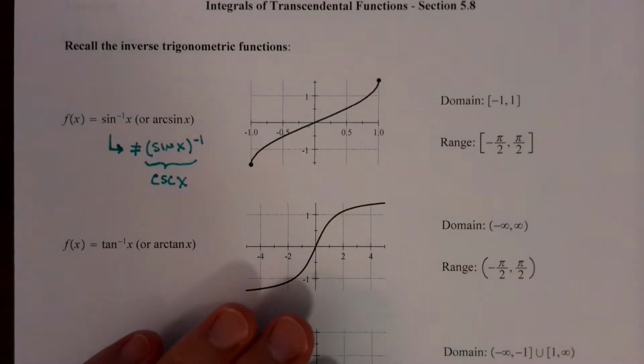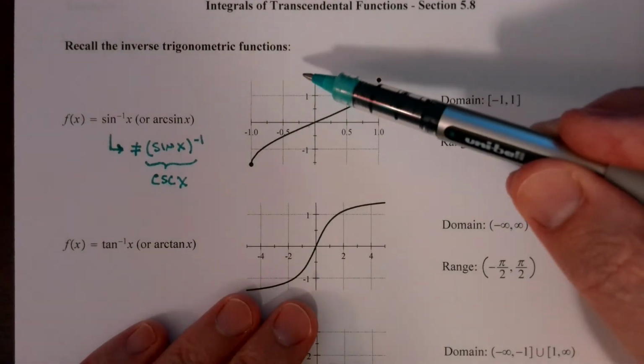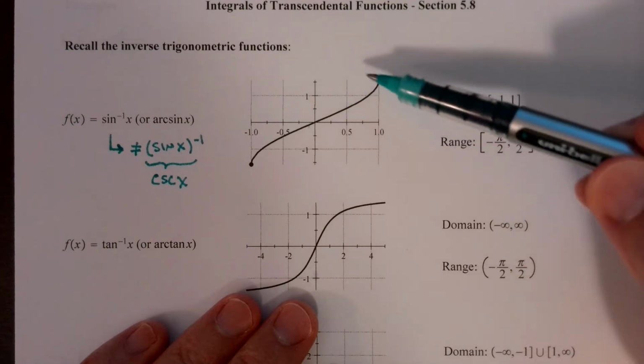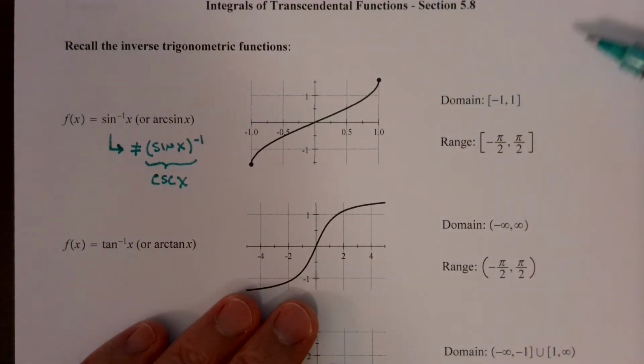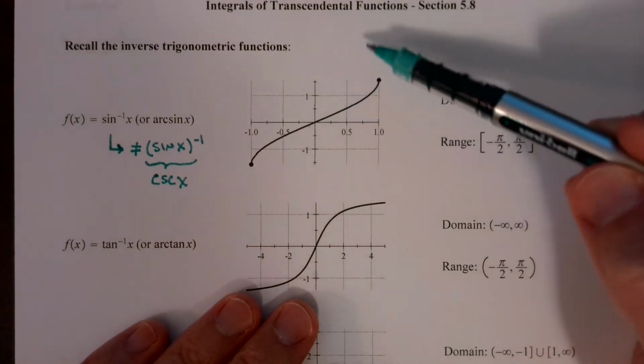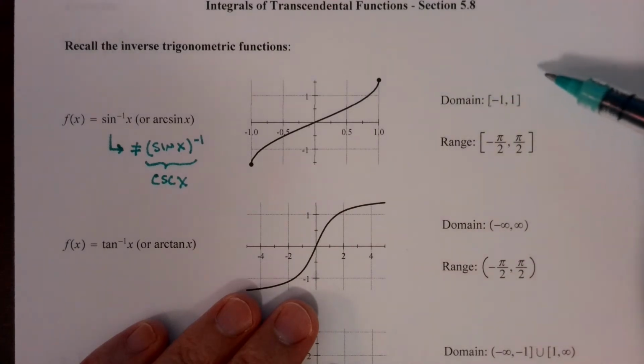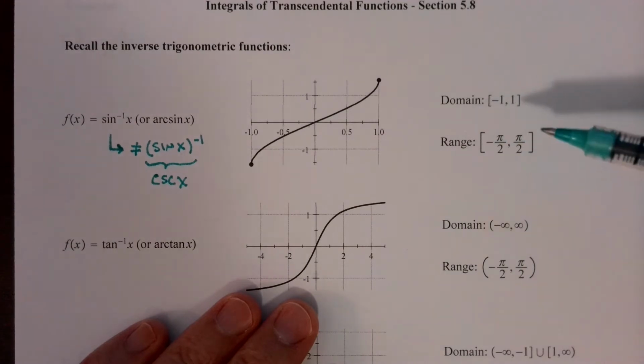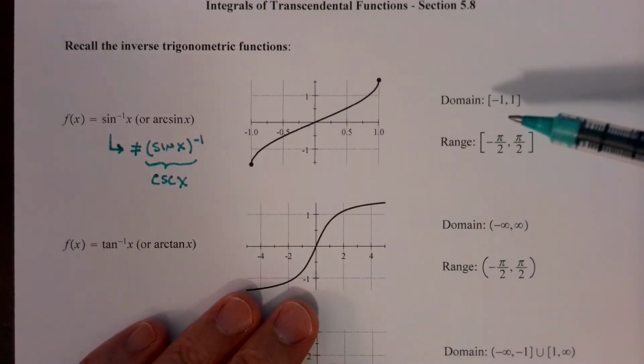The problem with the sine function is that its domain is all real numbers, but it's going up and down between 1 and -1, if you remember the graph of the sine function. And the problem is it's not 1 to 1, so we can't define an inverse on its entire domain. We have to restrict its domain to an interval where it's 1 to 1.